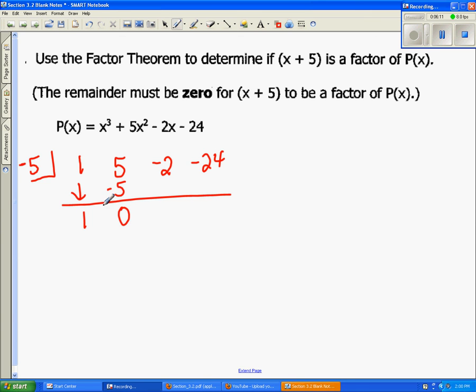Now multiply again, and you get 0, add down. Multiply negative 5 times negative 2 is a positive 10. And then we're going to add down, and we get negative 14. Since this remainder did not come out to be 0, it has stuff left over, that tells us that x plus 5 is not a factor of p of x.